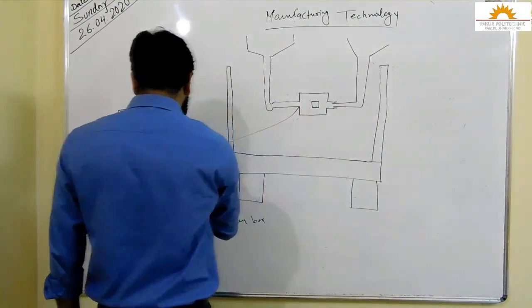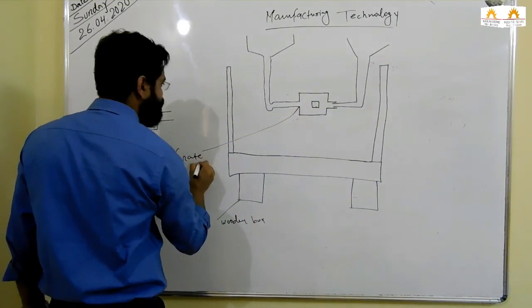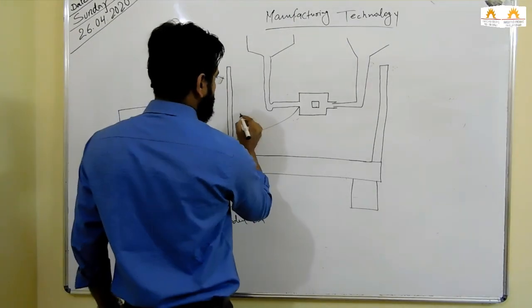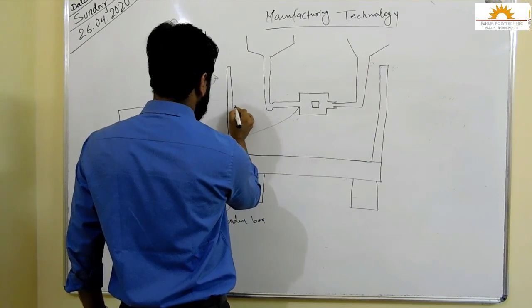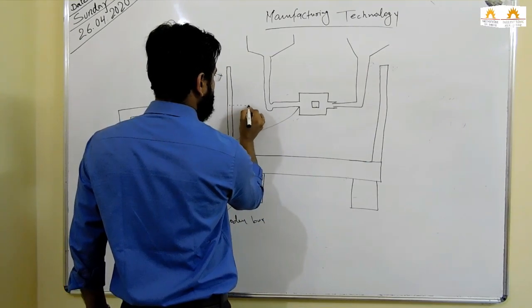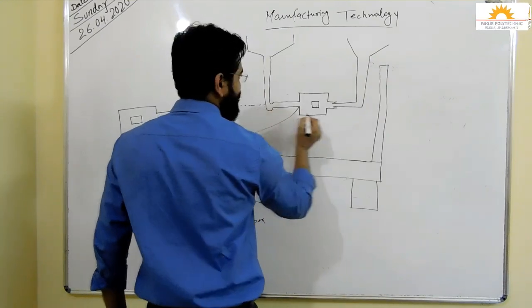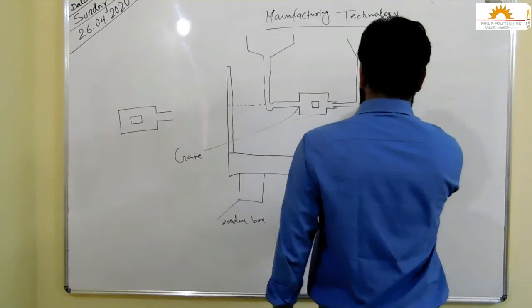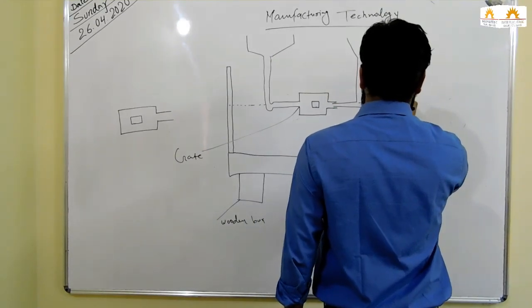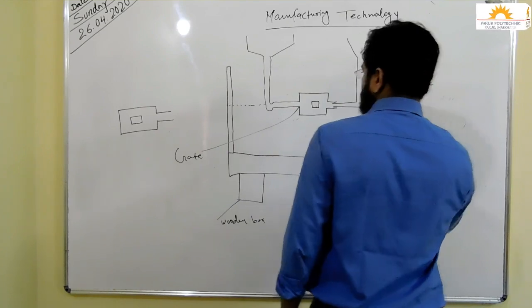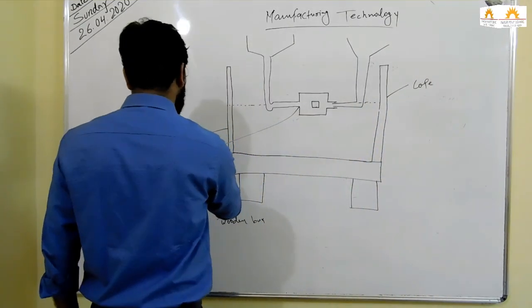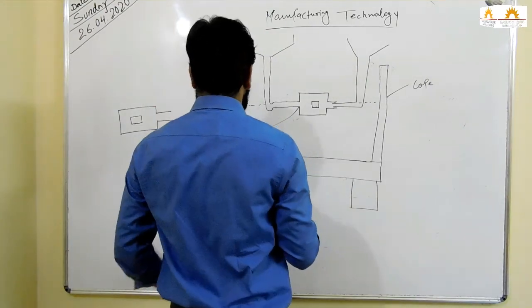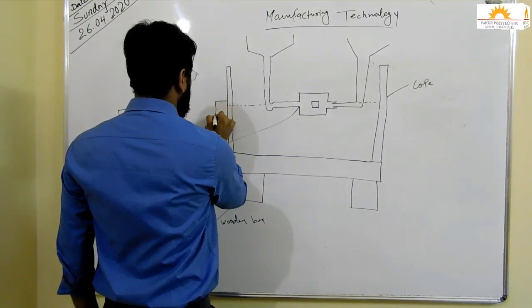This is the gate. This is our parting line. Top half is the cope, and bottom half is the drag. Cope and drag. Right. Here are the locking pins.